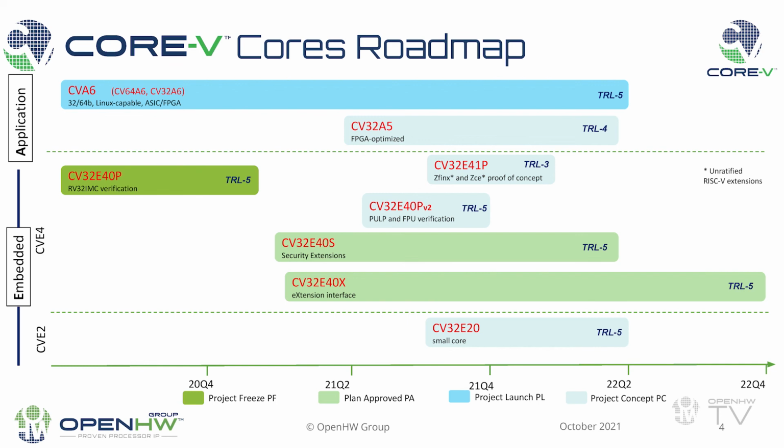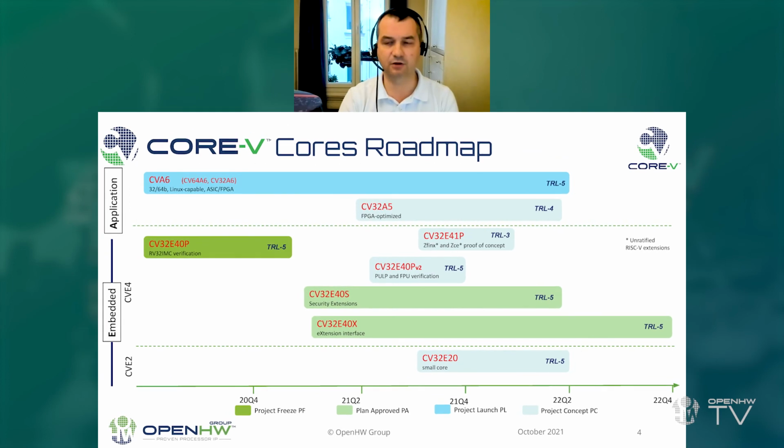Then we have the E4 range of cores. It started with the CV32E40P. This is the RISC-V core that was donated by ETH Zurich to the OpenHW Group. It has undergone verification for its RV32I, M, and C extensions. It's already available and it's ready to integrate in industrial projects.